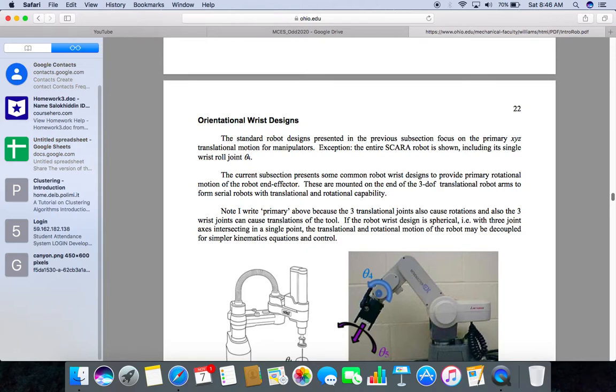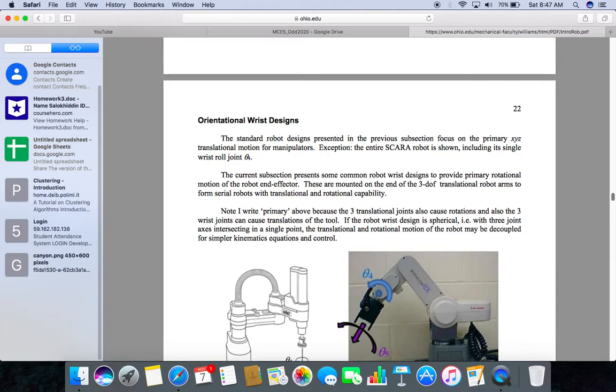Orientational wrist designs. The standard robot designs presented in the previous subsection focus on the primary XYZ translational motion for manipulators. Exception, the SCARA robot is shown including its single wrist roll joint theta 2. The current subsection presents some common robot wrist designs to provide primary orientational motion of the robot end effector.